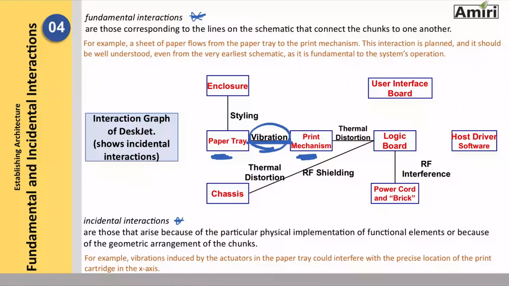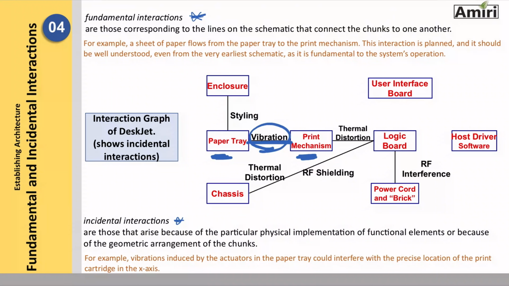For a larger system, this graph could become confusing. An interaction matrix is a useful tool that could be used instead, that can display both fundamental and incidental interactions.